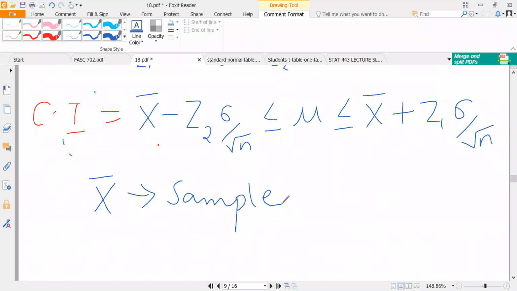So this expression can be used when sigma is known, when you know the population variance. This interval is used when the population variance is known.